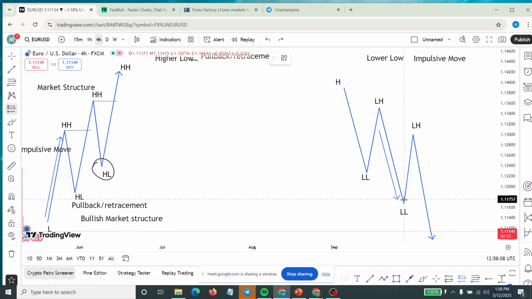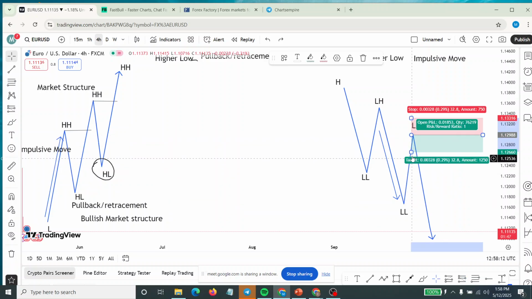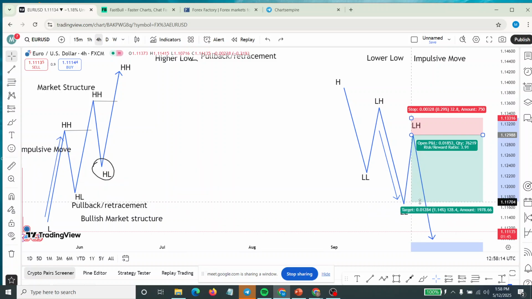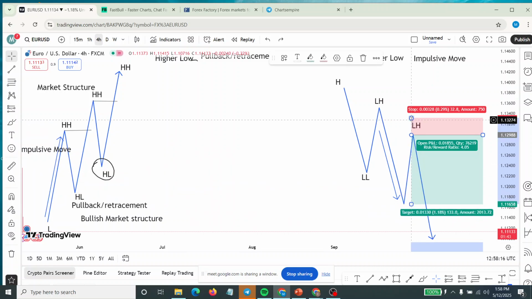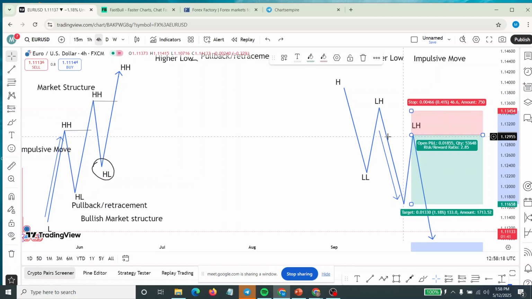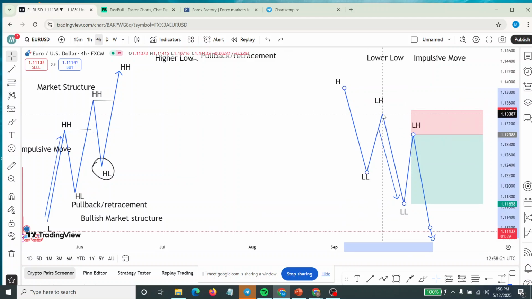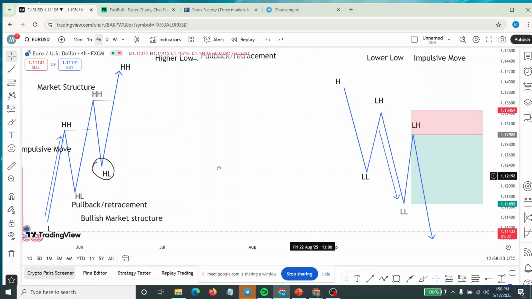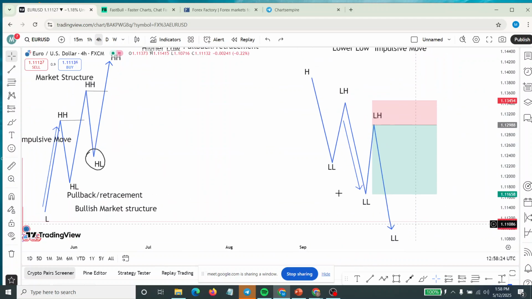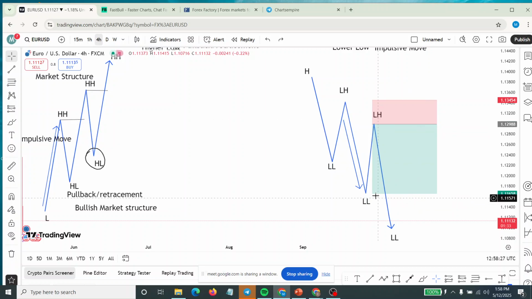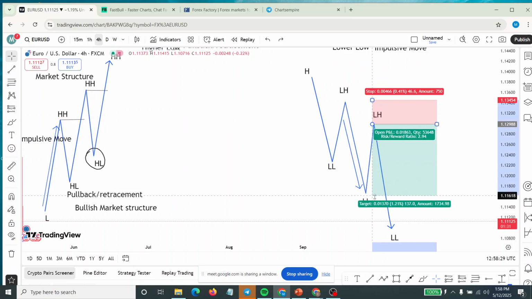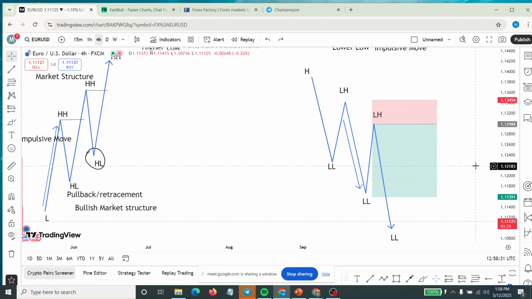We experience a lower low, and with this lower low, we expect a pullback. So we are joining the pullback of this market, putting our stop loss above this previous lower high. So you can see how we'll be able to profit from this particular structure.